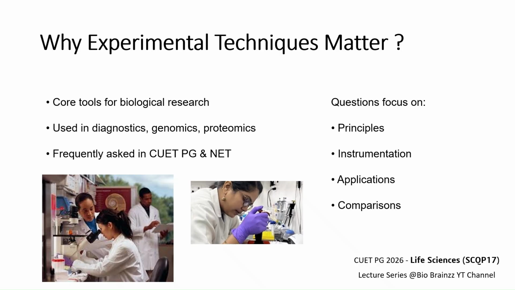PCR is used in COVID testing, centrifugation separates blood components, spectroscopy and electrophoresis help identify proteins. In CUET PG, questions focus on 4 areas: principle, instrumentation, application, and comparisons. So, revise every technique from these 4 angles.